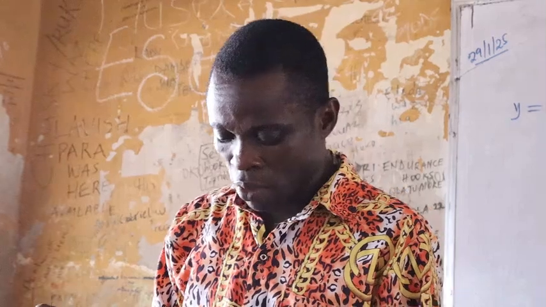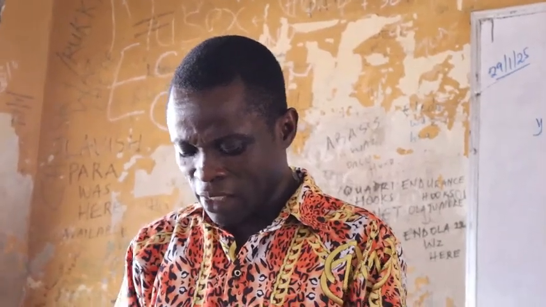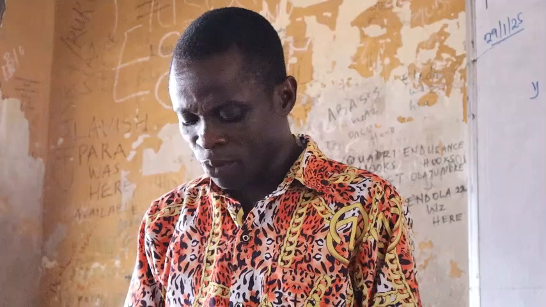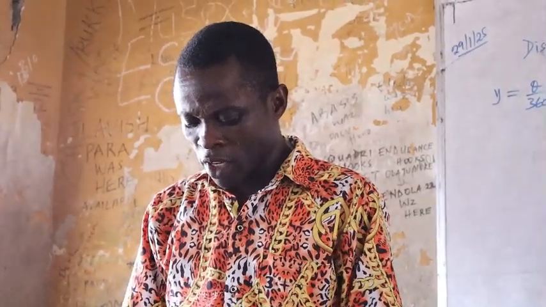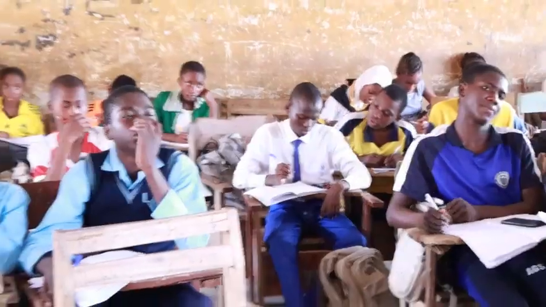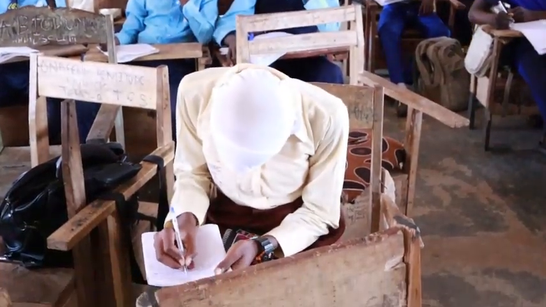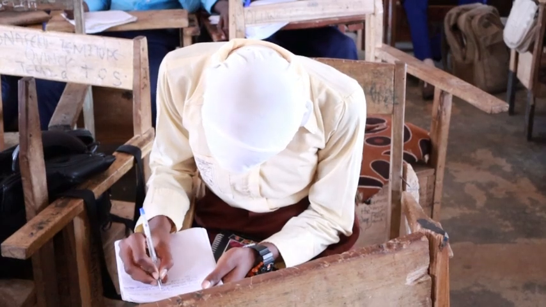Now let us look at this example. Example 1. Find the distance between the given pairs of points on the surface of the earth in each of the following.